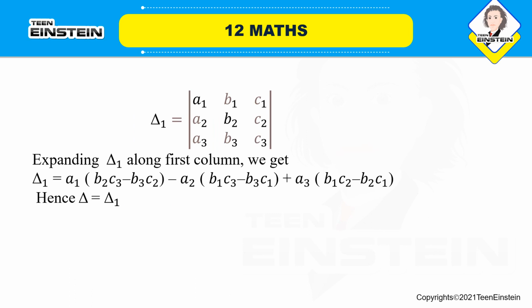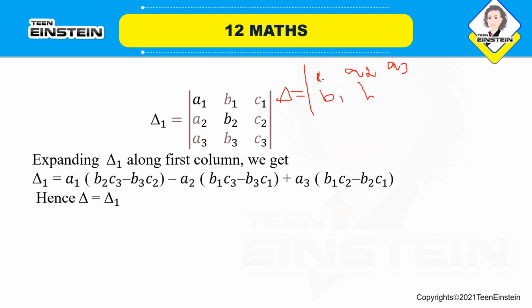delta 1. In delta 1, the first row is A1, B1, C1. That is, in delta, the first row is actually A1, A2, A3. Okay, this is delta.